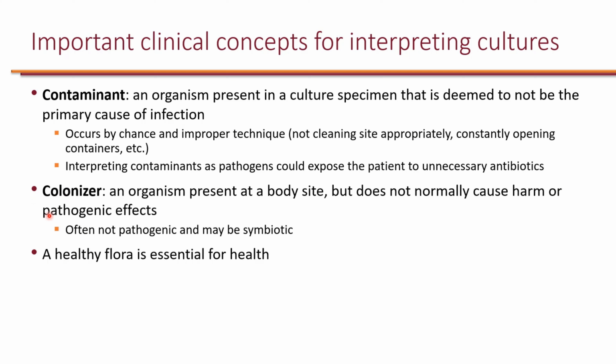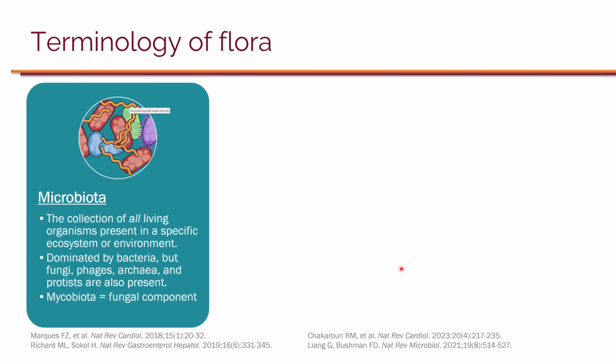A good example is some people may have Pseudomonas in the lungs, and if they don't have any signs and symptoms of infection, it would be just a colonizer that normally would not be there in a healthy person. But, for example, someone with cystic fibrosis may have colonization of Pseudomonas in that region.